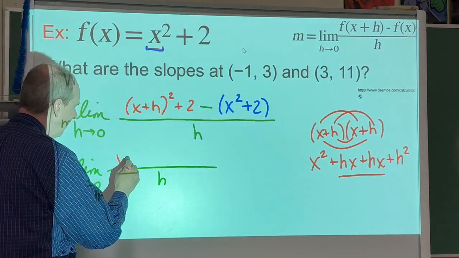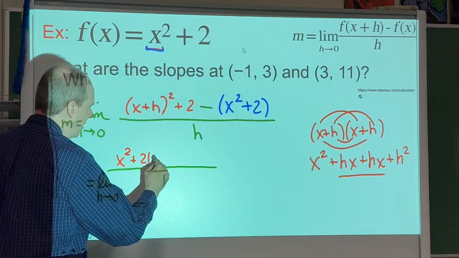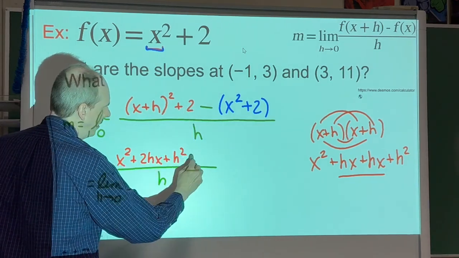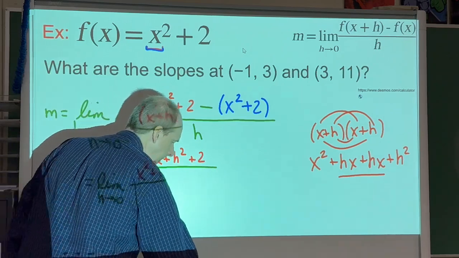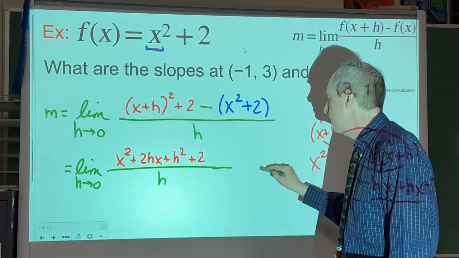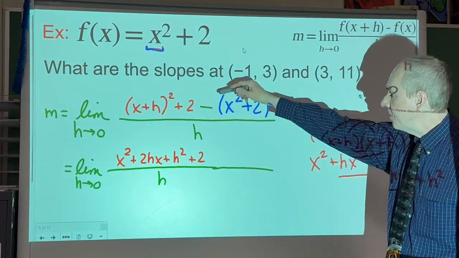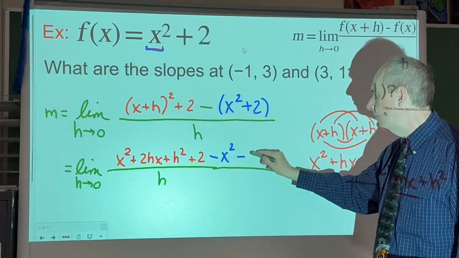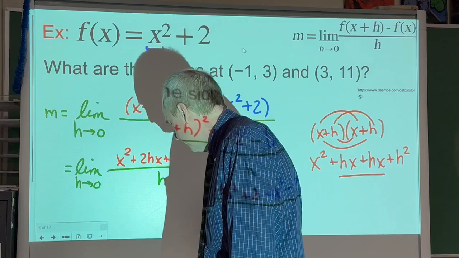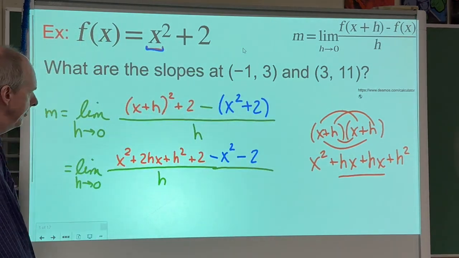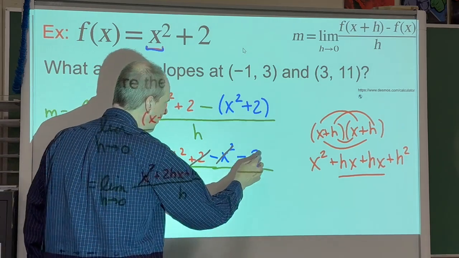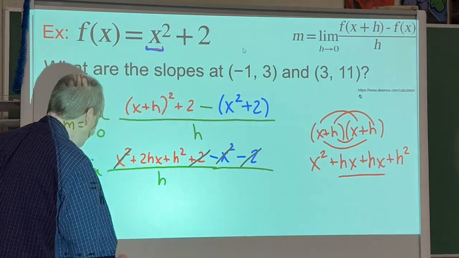X squared plus 2hx plus h squared. Don't forget there's a plus 2 up here already. Now we'll subtract off our x squared and subtract off our 2. Looking for like terms, things that can cancel. Well, x squared can cancel with x squared. 2 can cancel with the minus 2.